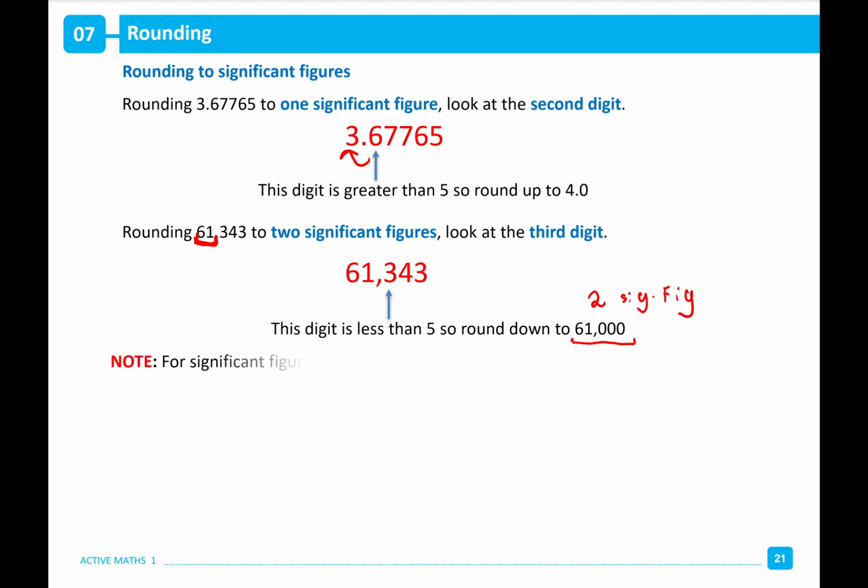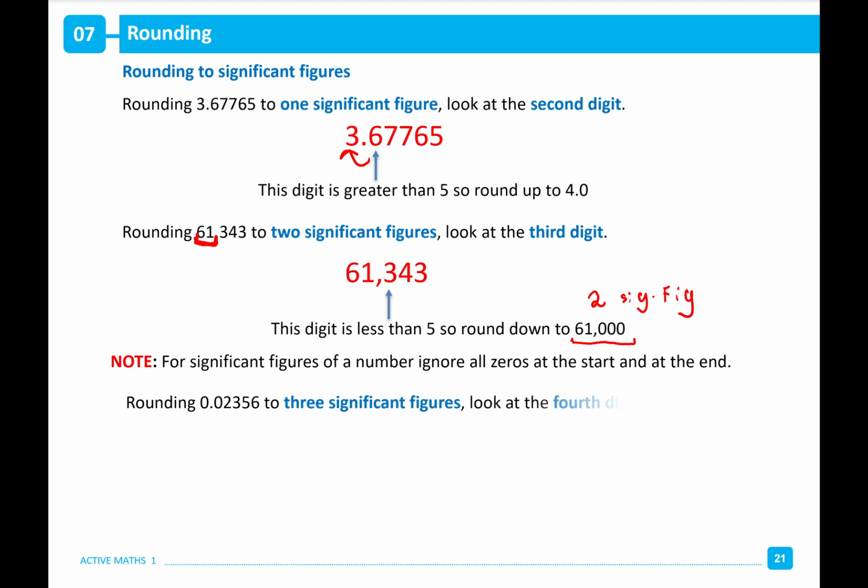Let's look at another one. Round 0.02356 to three significant figures. This means we keep the first three figures. Please note that you ignore all of the zeros at the start and at the end.